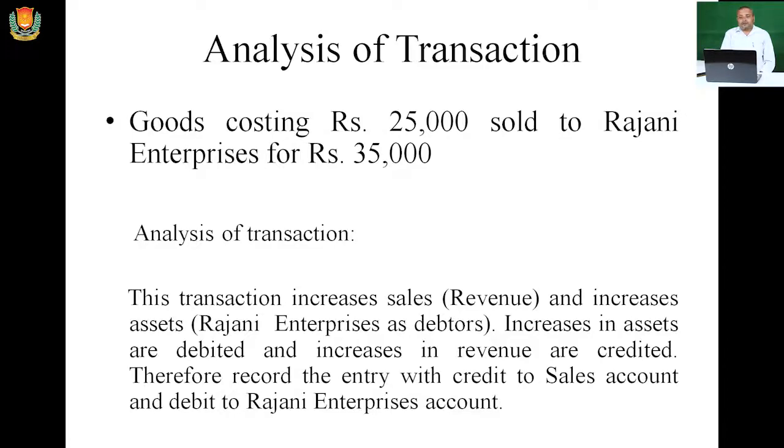And second, goods have been supplied out of the stock, which is an asset, a real account, and the rule of real account is debit what comes in and credit what goes out. So on selling goods, the goods are going outside the business enterprise, so this sales account will be credited.